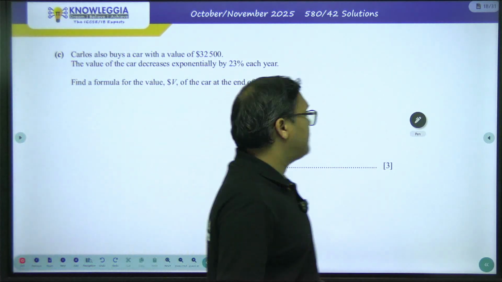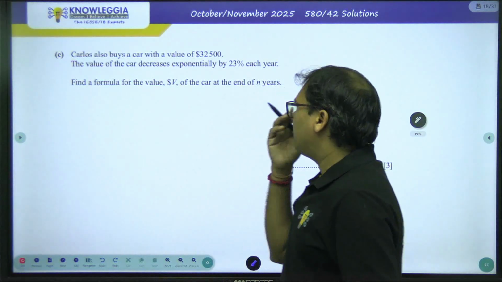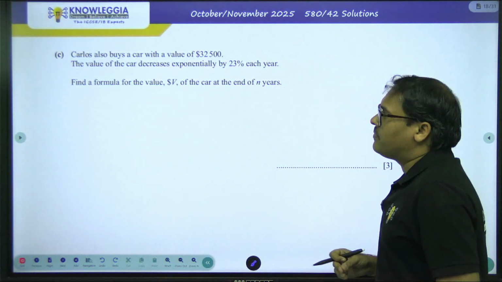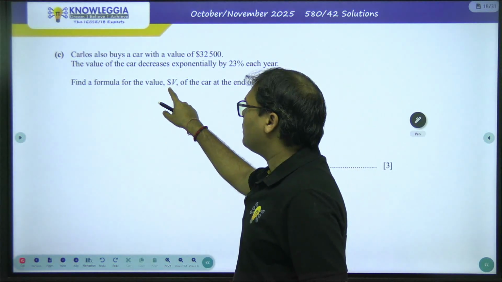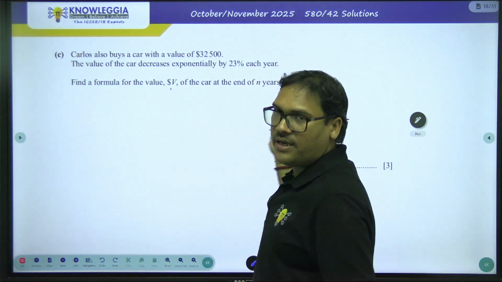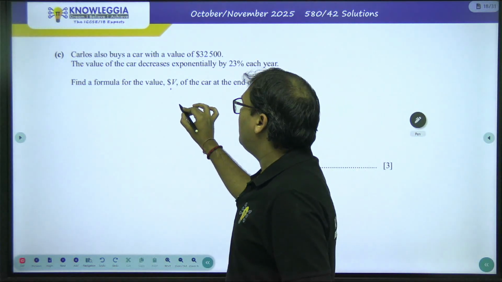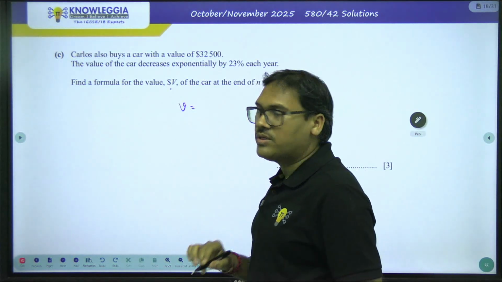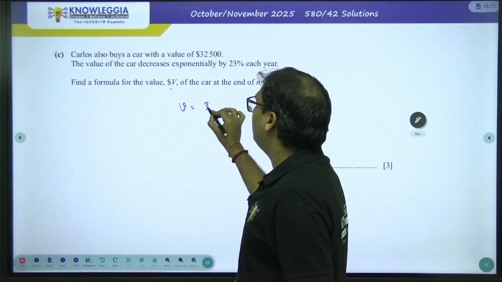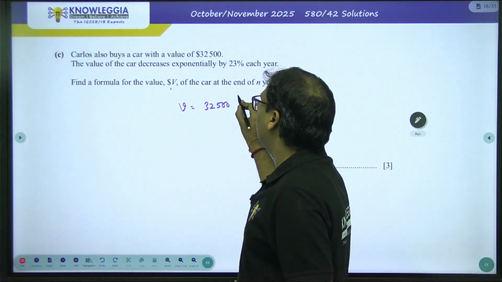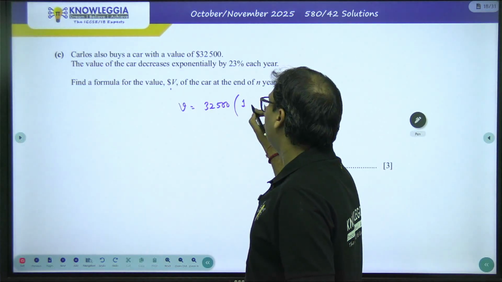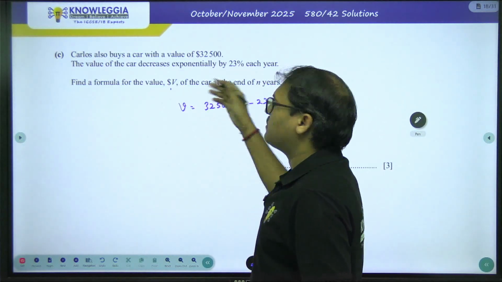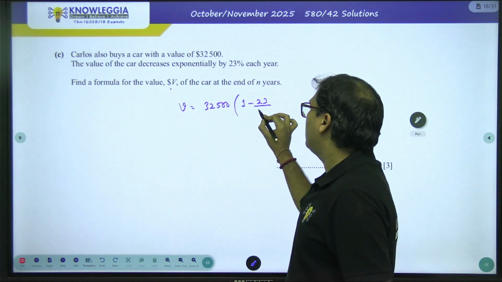Carlos buys a car with the value of this. The value of the car decreases exponentially. Find a formula for the value V of the car at the end of n years. So what is the final value V? What is the initial value? 32,500. It is decreasing, that is depreciating or exponentially decreasing at a rate of 23%.